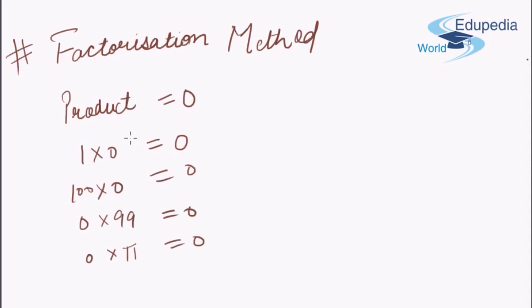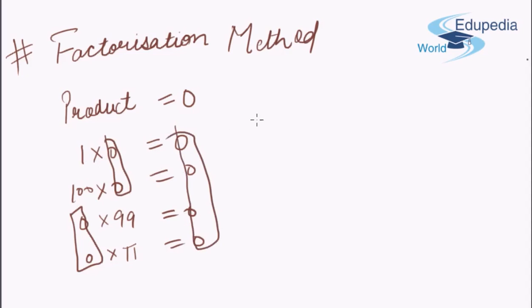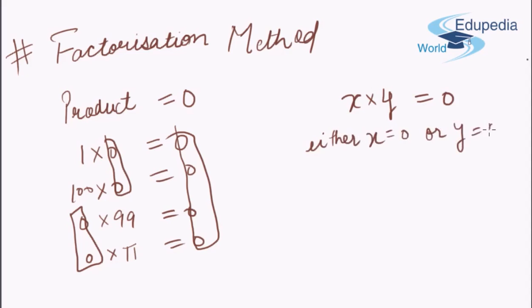So either the second term was 0 or the first term was 0 in a product of two terms, so that the output is 0. Thus, if we have two terms x and y and their product is 0, then either x will be 0 or y will be 0.